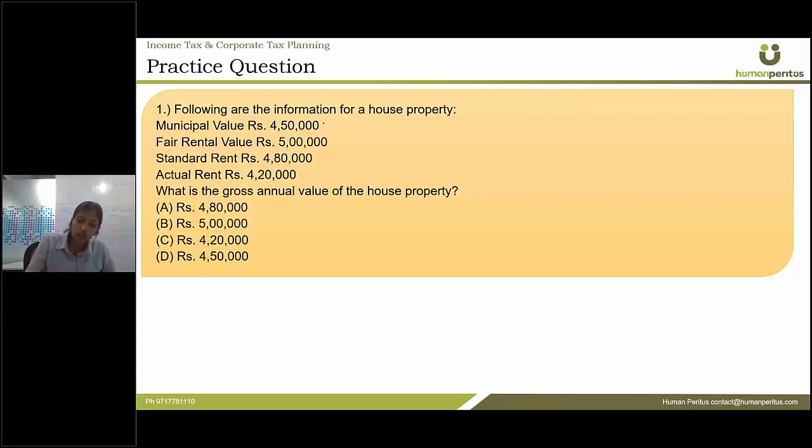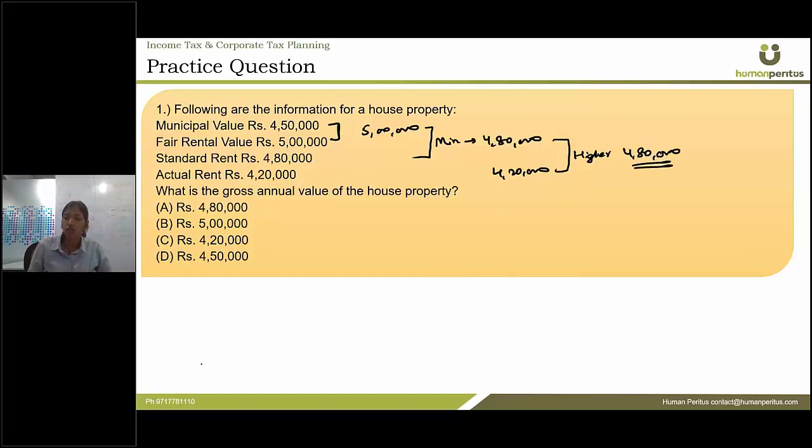Gross annual value will be maximum of municipal and fair rent. So maximum is 5 lakh. Then we compare it with standard rent and we take the minimum. Minimum is 4 lakh 80,000. Then we compare it with the actual rent and the higher of these will be taken as the GAV, which will be 4 lakh 80,000. So our gross annual value is 4 lakh 80,000. So answer is A.